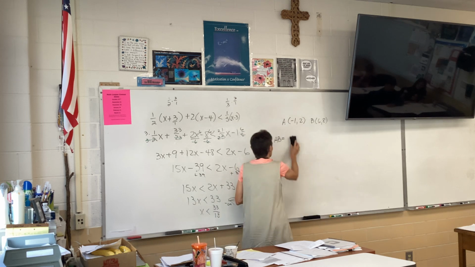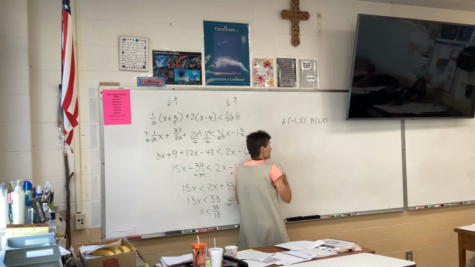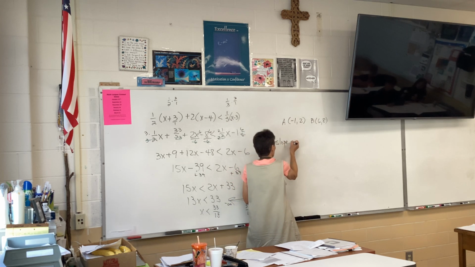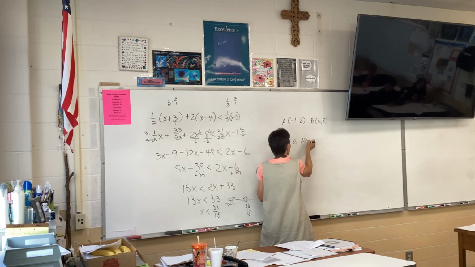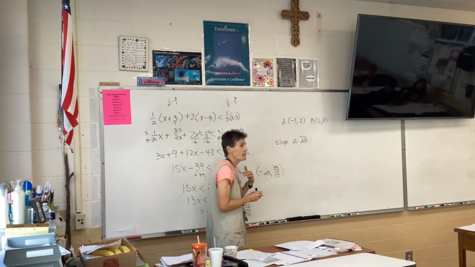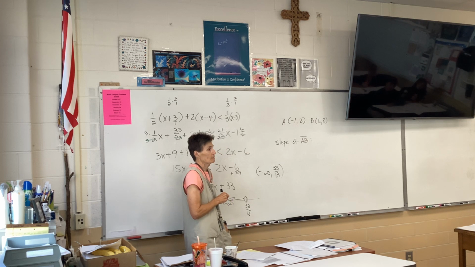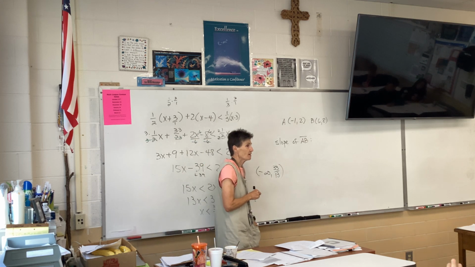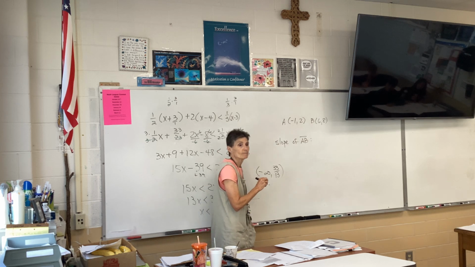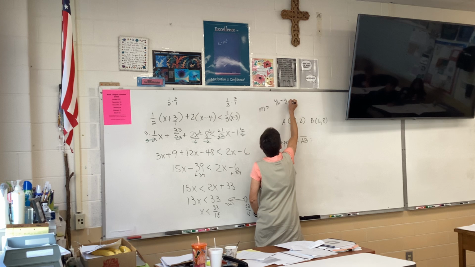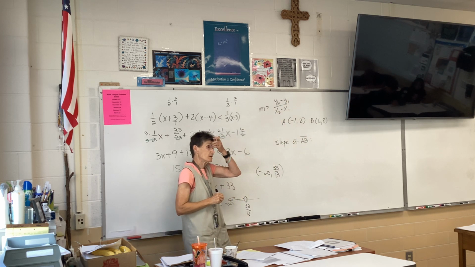Today, we got a problem that looks exactly the same, but we're gonna do something different. We're gonna find the slope of the line that goes through A and B. The question says, find the slope. Who remembers how to find slope? Y2 minus Y1. M is the letter we use to denote slope.